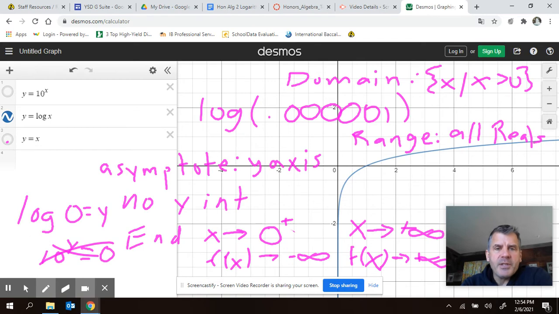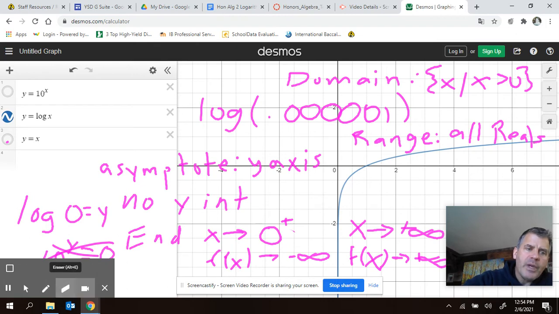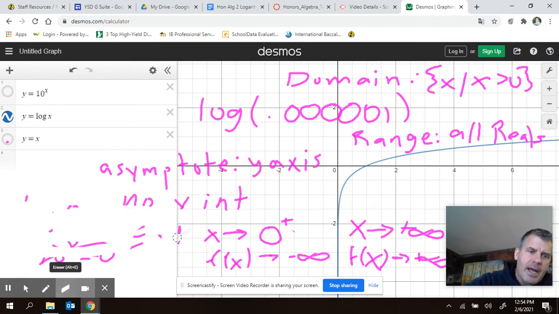Okay, so there's the analysis of that function. Here's an issue. They're going to ask you to graph these functions, and so I'm going to show you how to do that. And it's really important that when we do this, we create a table. Because if your base is 10, you can just do it on the Desmos for you.